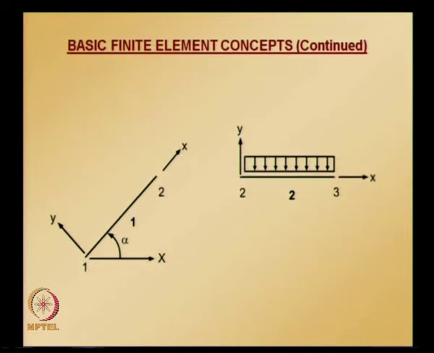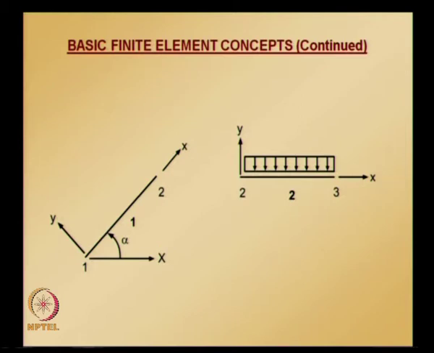So now, by choosing arbitrarily, element 1 goes from node 1 to node 2 and element 2 goes from node 2 to node 3. The local coordinate system for each element is shown here. X axis is oriented along the axis of the member, and y axis is at 90 degrees with respect to x axis in the counterclockwise direction. Similarly, for element 2 also, the x axis and y axis are shown.